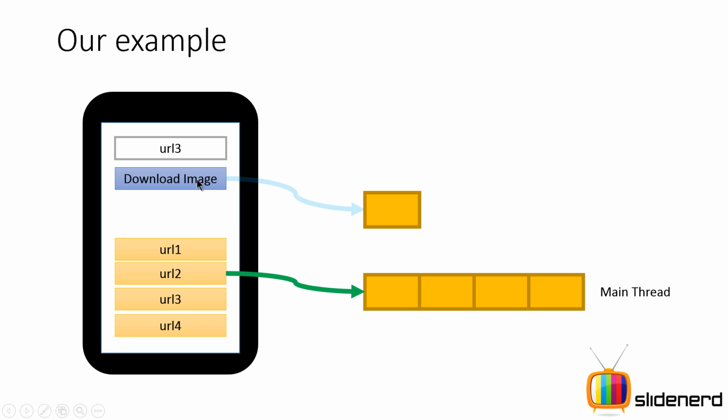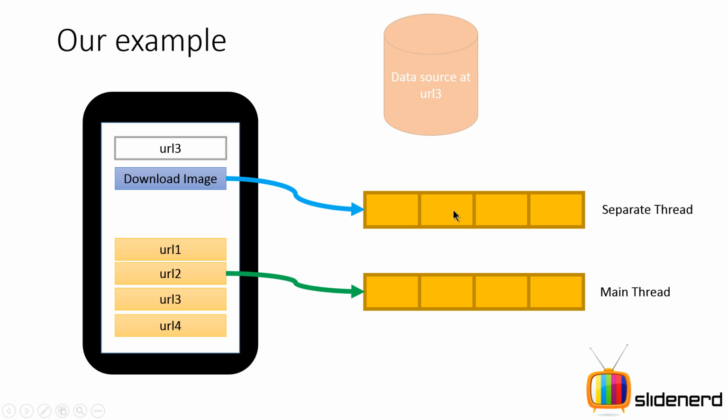But the download image work will be performed on a worker thread, or a separate thread, from where it will connect with the data source at the URL. With the help of an input stream, it will read the data, and while doing so, with the help of the post message or runOnUiThread, it will be constantly sending messages to the main thread to update the progress bar while the image gets downloaded. So this will be the sample application that we're going to work out in the next video.